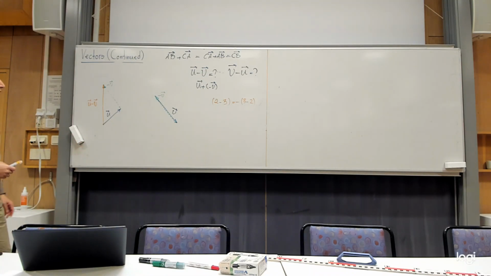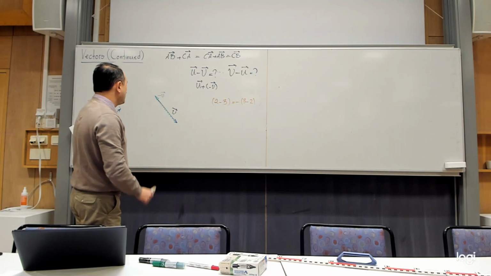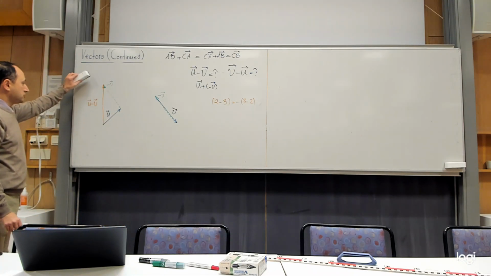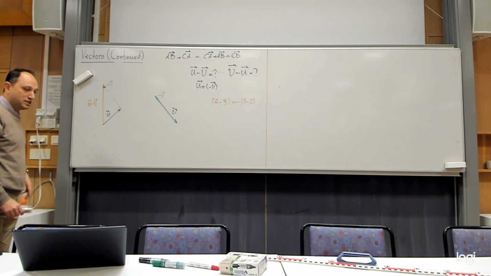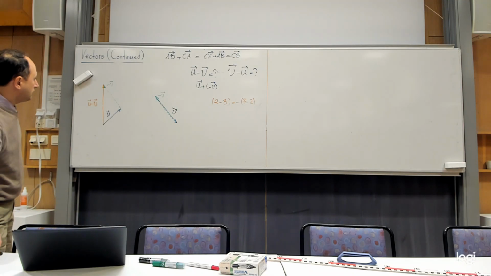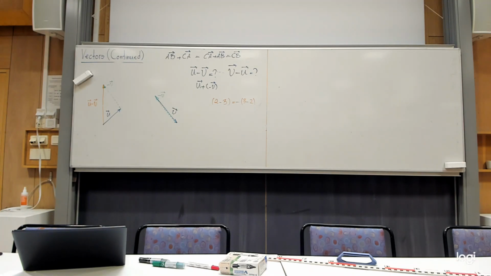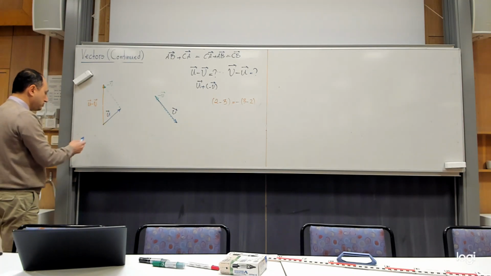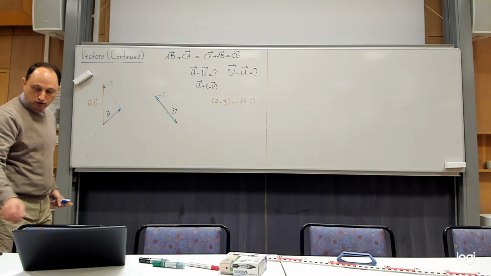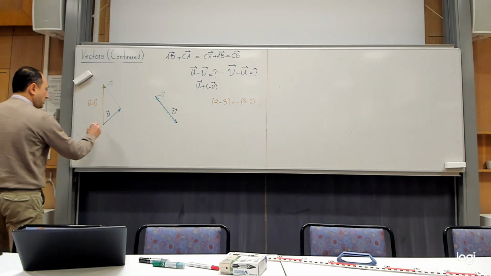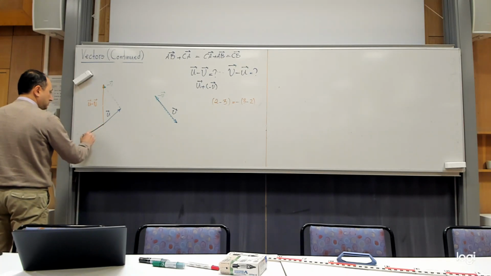So I want to draw v minus u. Let me draw v minus u in this picture. If I insist to draw v minus u in this picture, is it a good idea? If I want to draw minus u, do you agree that this is a good way to draw minus u? The same thing here.